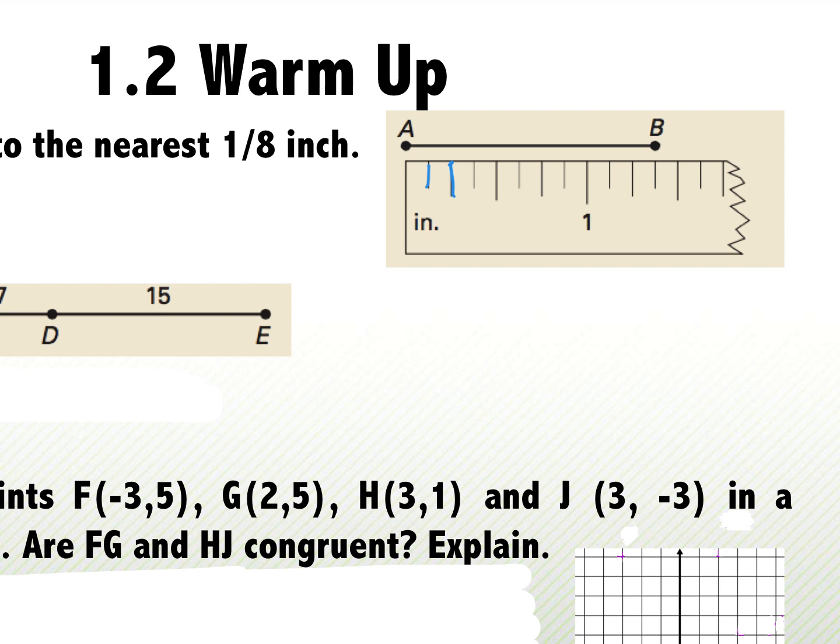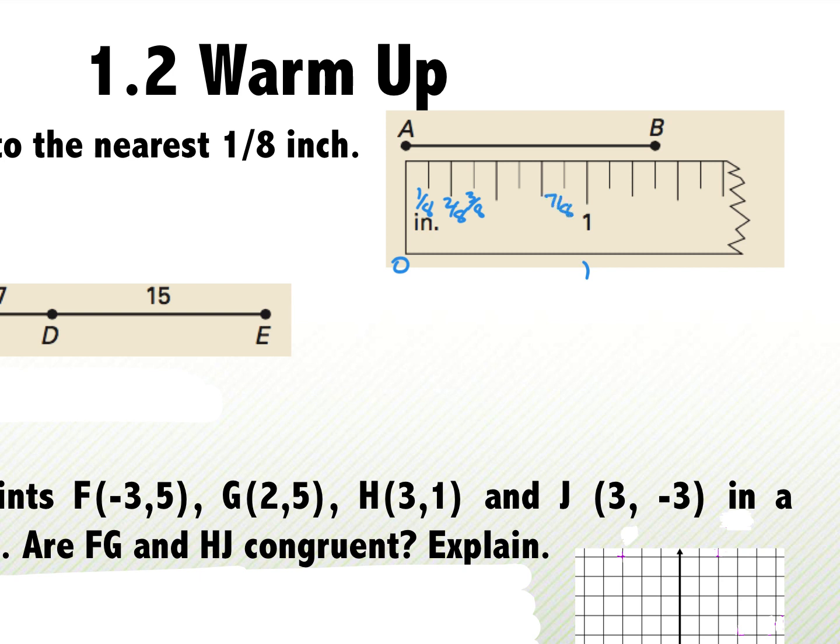So for example, in between 0 and 1 here, notice there's 1, 2, 3, 4, 5, 6, 7, 8 spaces. So that tells me that each one of these little lines is 1/8. So this would be 1/8, 2/8, 3/8, and so on, all the way over here to 7/8.